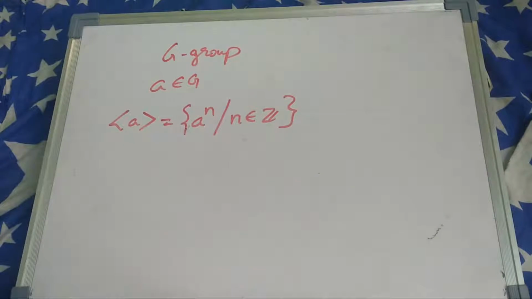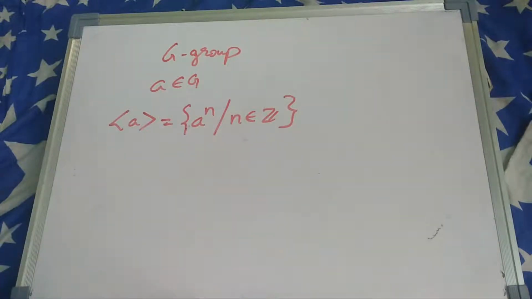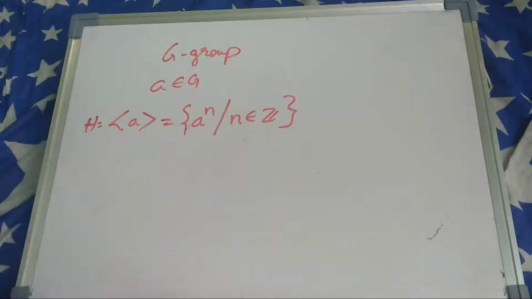Now take any two elements in this, well, let us denote it by H. As a result I quoted earlier, whenever we have a subset, to prove it to be a subgroup, it is just enough to check two axioms.